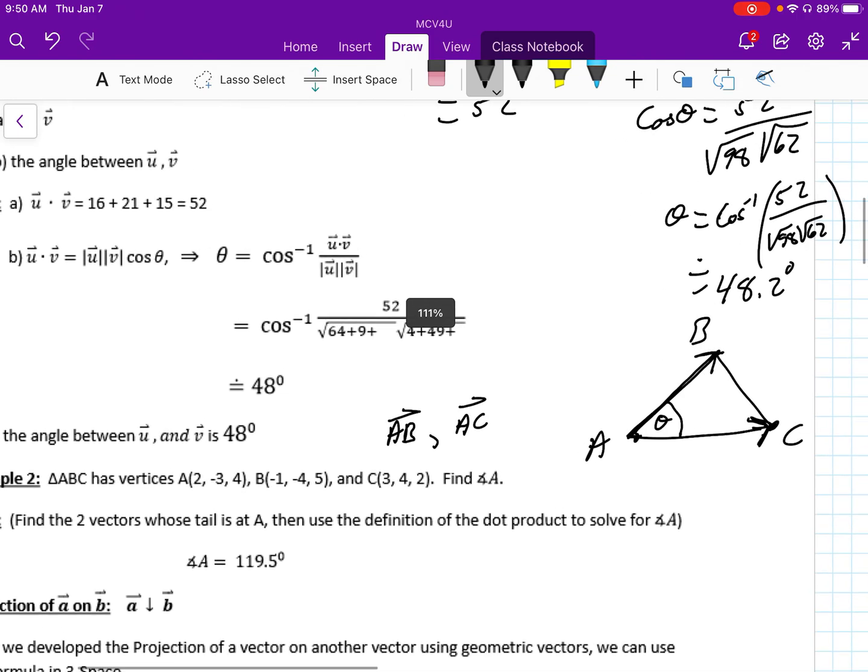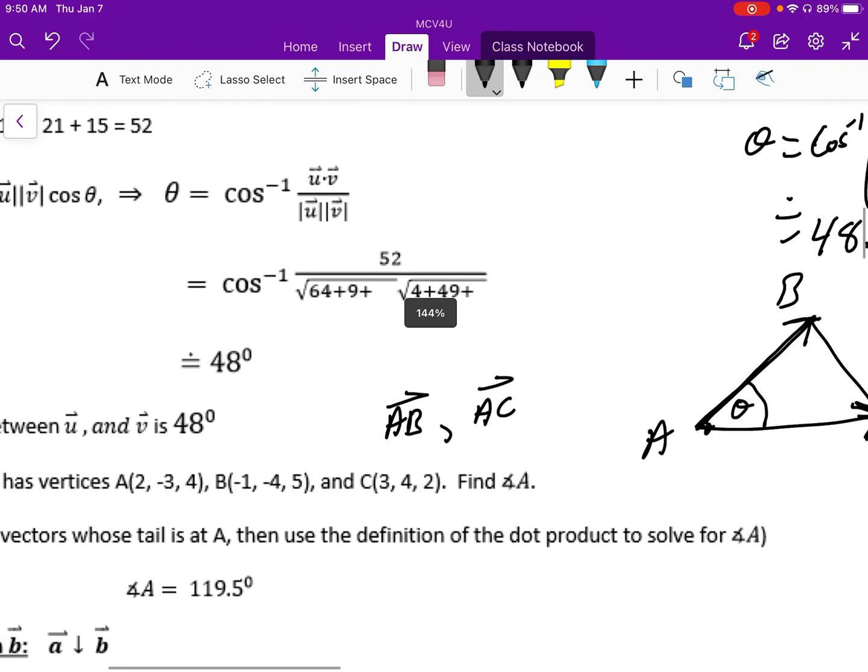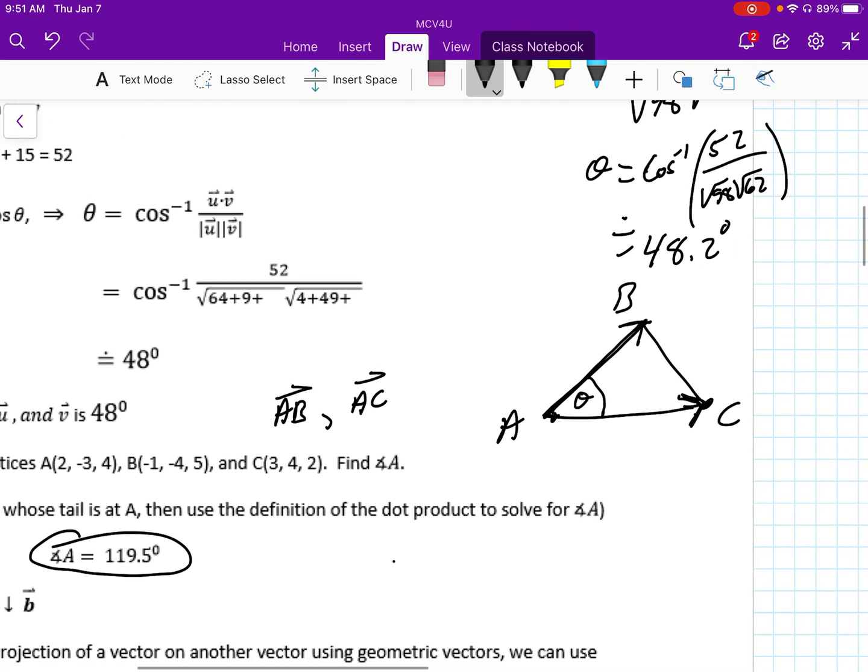So let's take a look. I've already got the answer down here, but let's take a quick look and see how we find that answer. Again, let's figure out what AB is. Vector AB is OB minus OA.